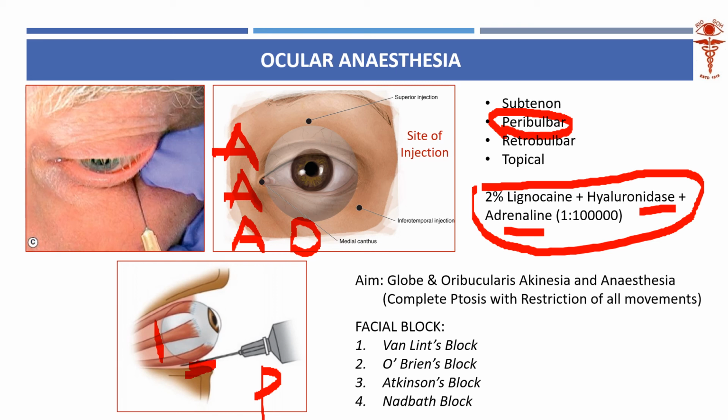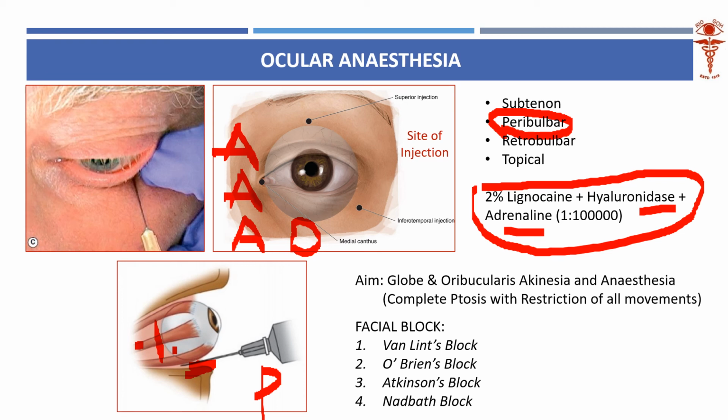Once you inject into the peribulbar space, it is safe, because previously we were trying to go into the retrobulbar space where the optic nerve can get injured, or we can inadvertently perforate the globe. So globe perforation and optic nerve injury are two possibilities which are totally avoided by a peribulbar procedure.